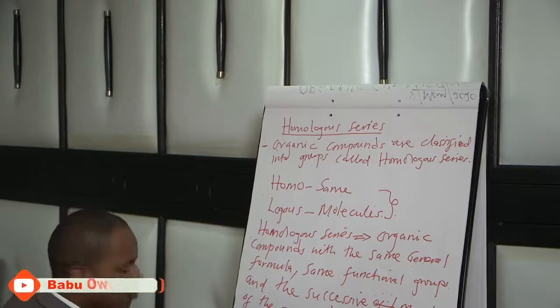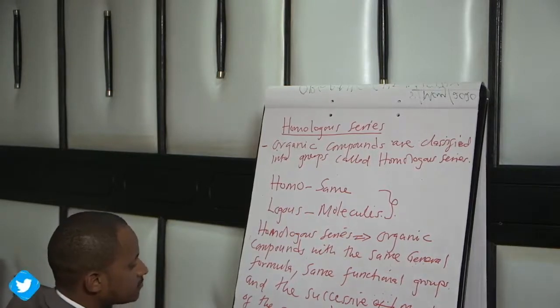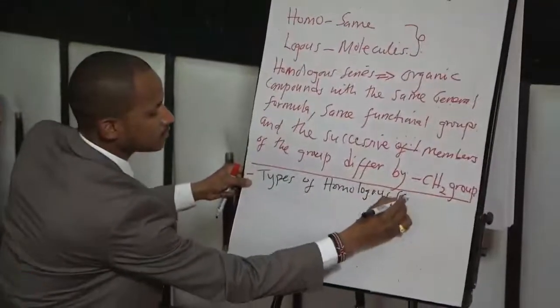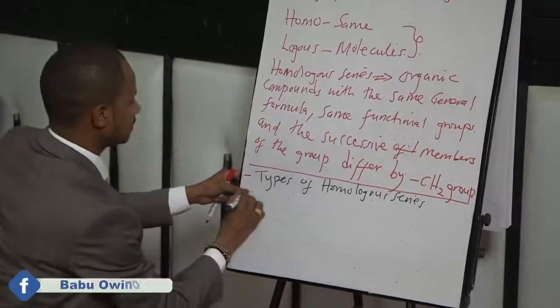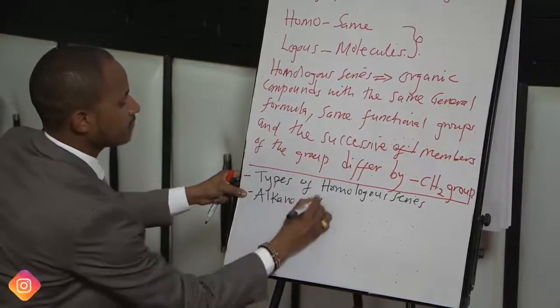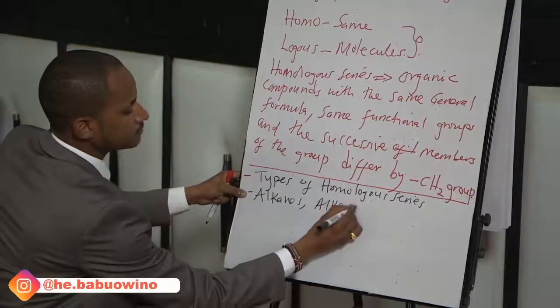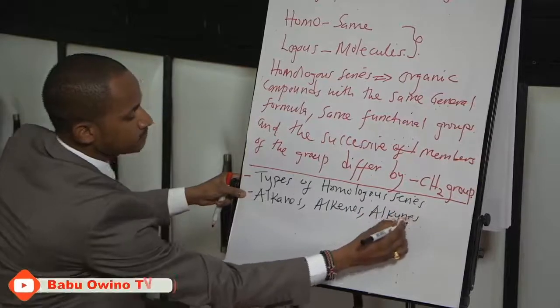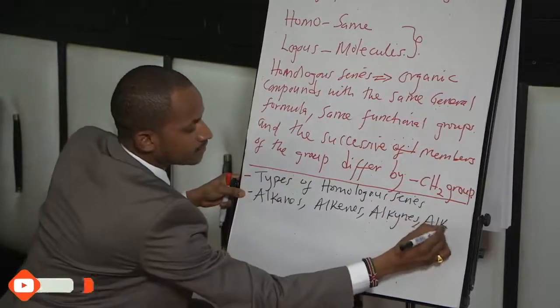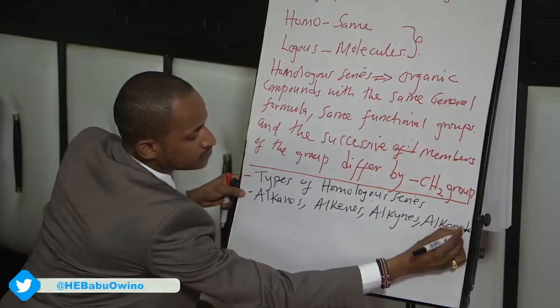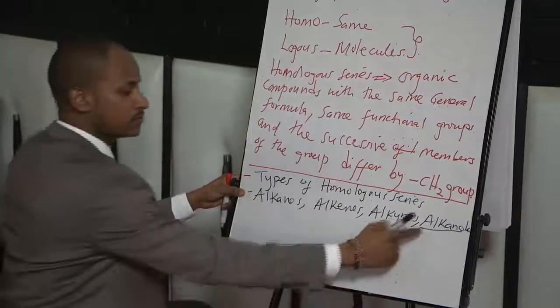Types of homologous series. Number one, we have alkanes, we have alkenes, we have alkynes, we have alkanols. From alkanols, we can get alcohol.